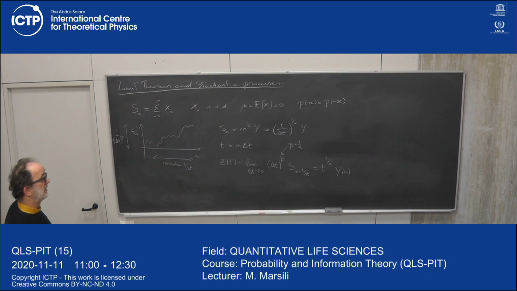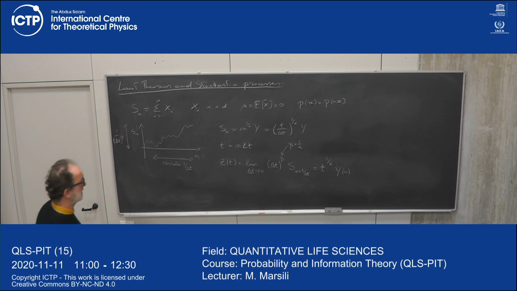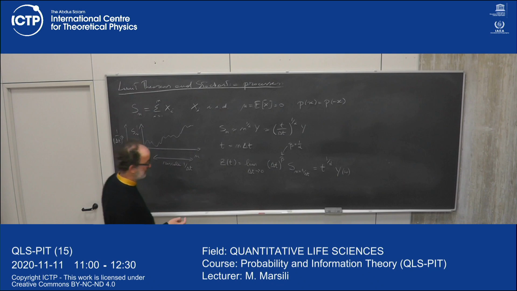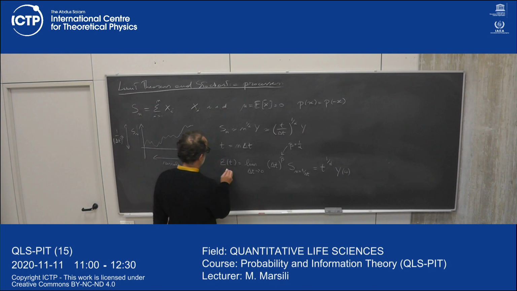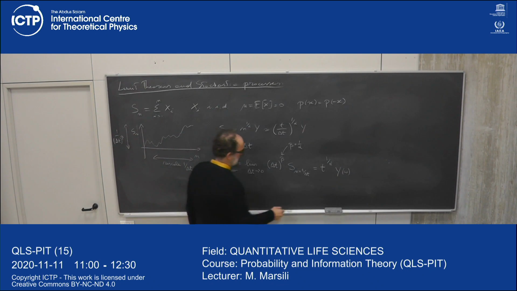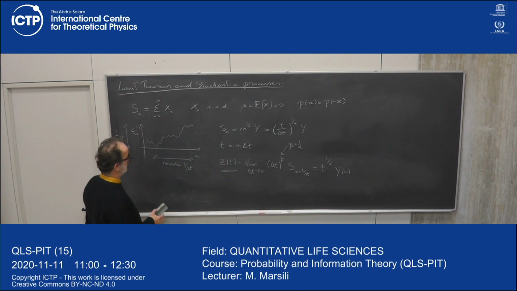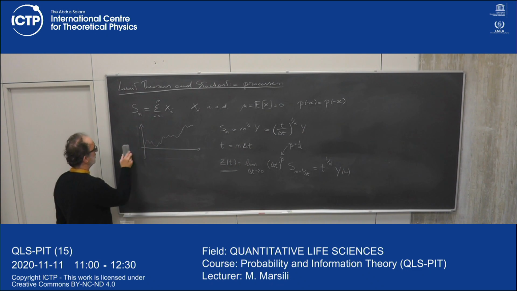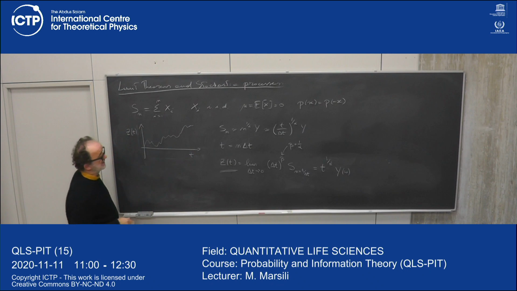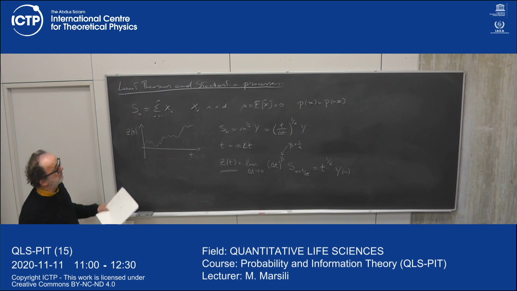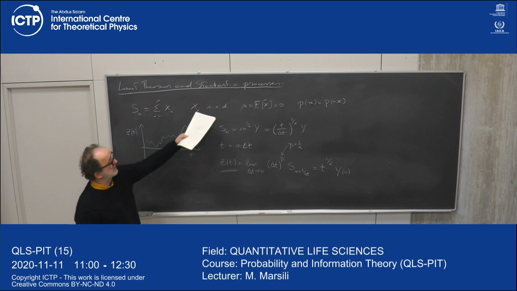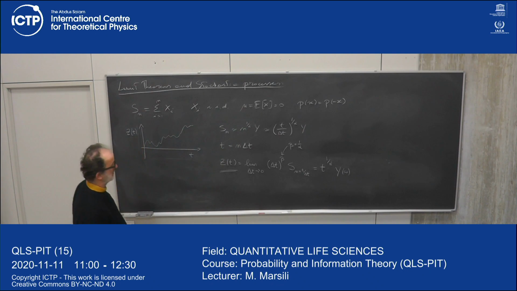Now, this is interesting because it allows you to define in a mathematically rigorous form these continuous random functions of a continuous variable, which are essentially the simplest building block of stochastic processes.